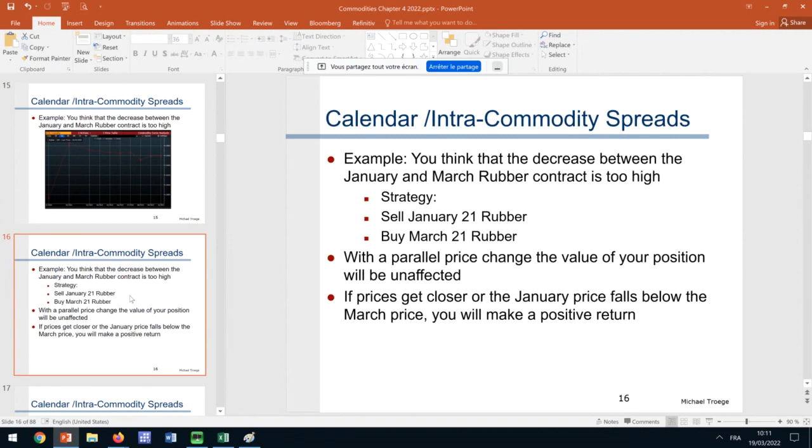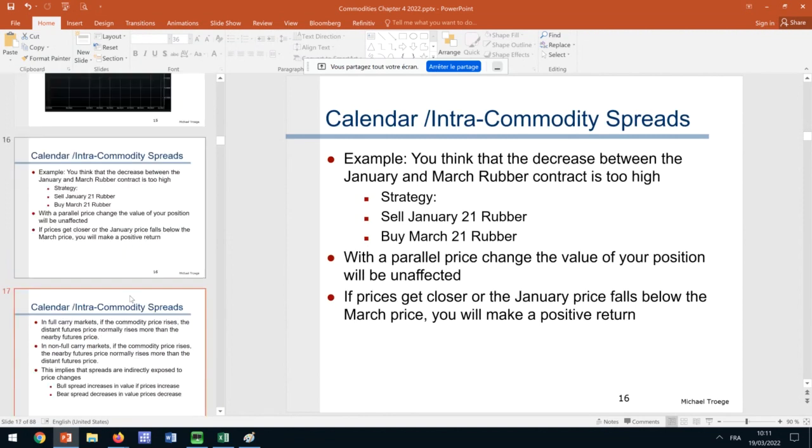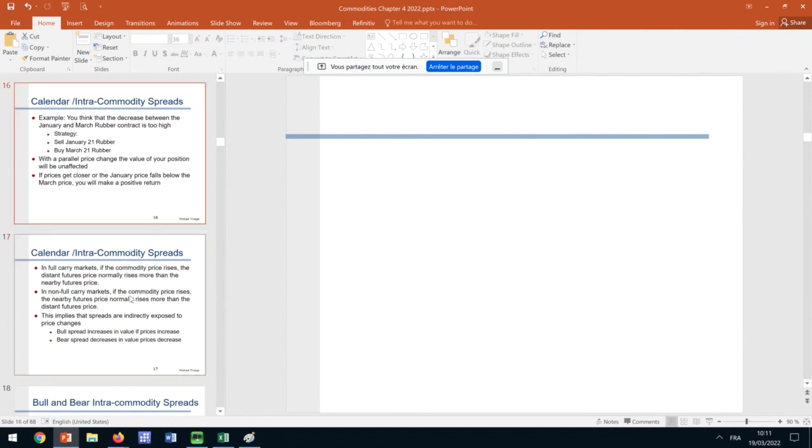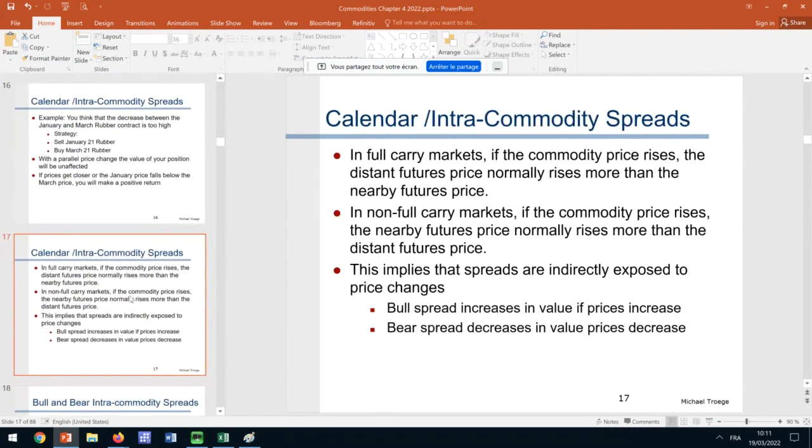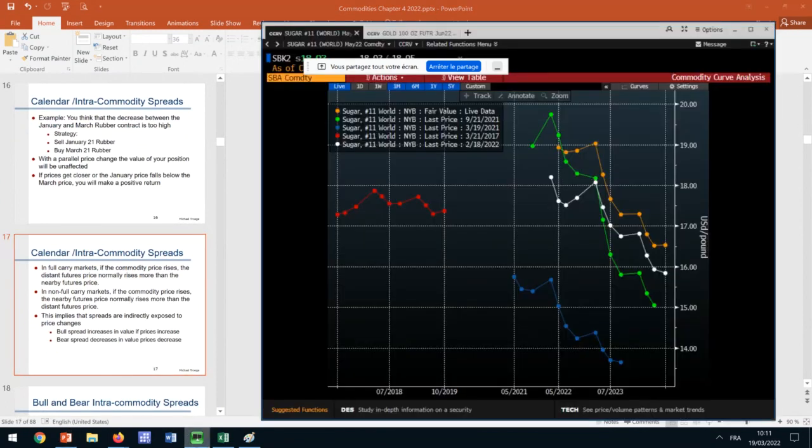If I have a calendar spread, it's not going to affect my overall profits if prices go up or down, but it's going to depend on the changes in the slopes, and the change of the slope seems not so complicated to forecast here, at least given that in the long run we would expect the slope to go back.